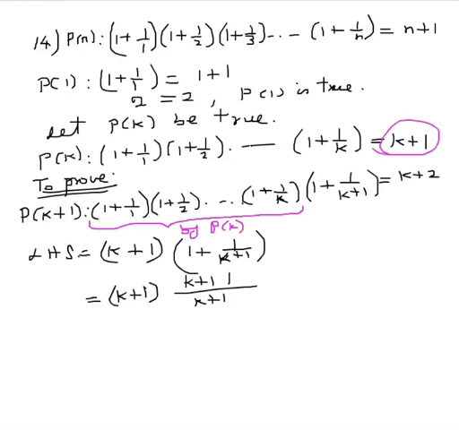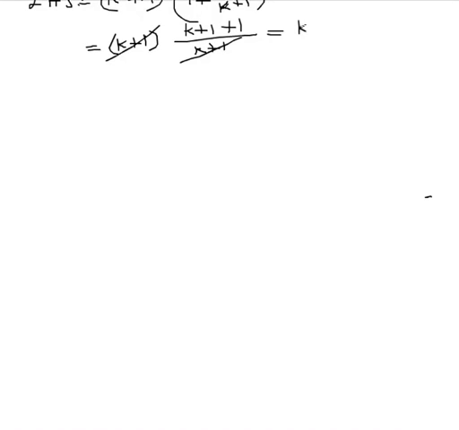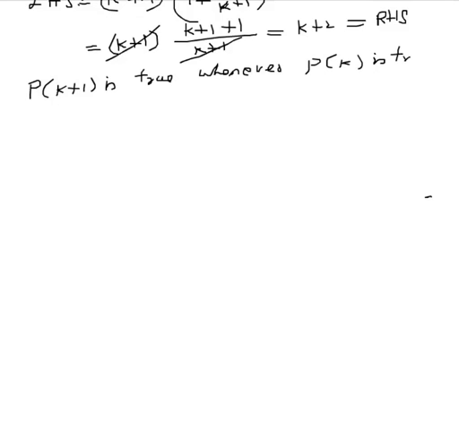We get k plus 1 plus 1, which is k plus 2. And that is the right hand side of P of k plus 1 statement. Therefore, P of k plus 1 is true whenever P of k is true. Therefore, P of n is true for all n belonging to capital N.